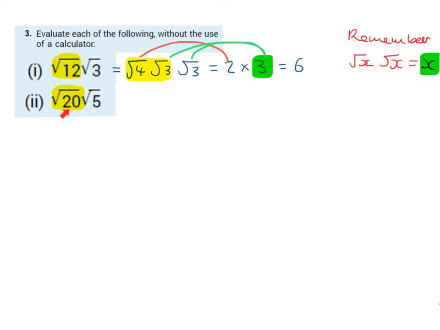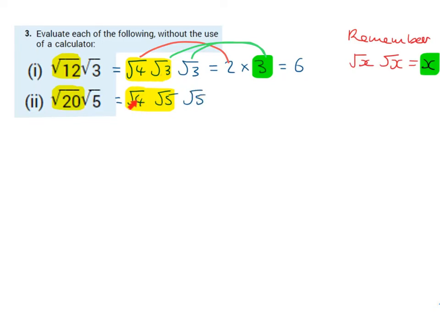And again, we're going to choose a factor pair of 20 that contains a square number if possible. So we're going to rewrite root 20 as root 4 root 5 because 4 is a square number and 4 times 5 gives us 20. And then root 5 just stays the same. So we end up with root 4, root 5, root 5.